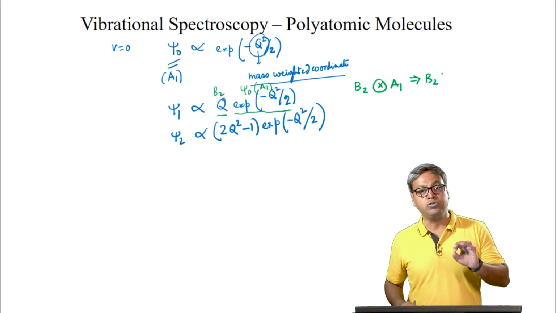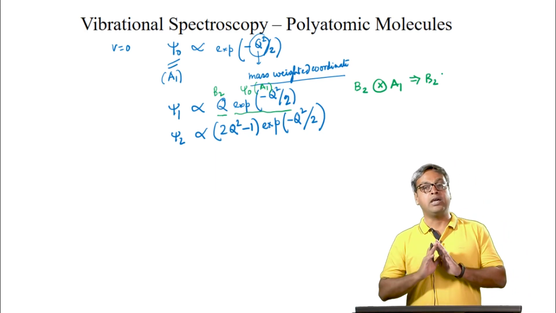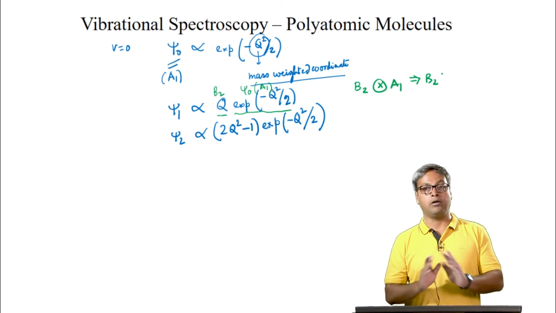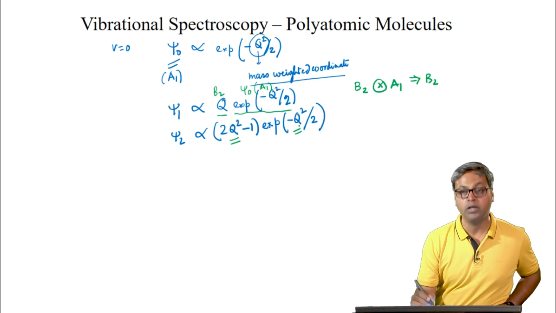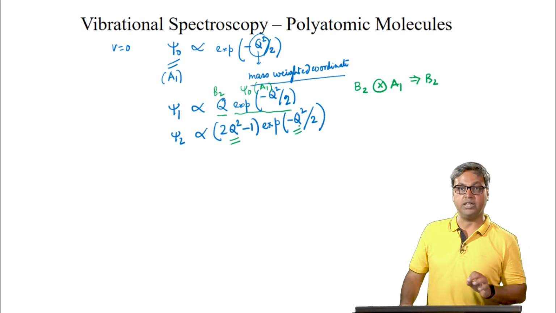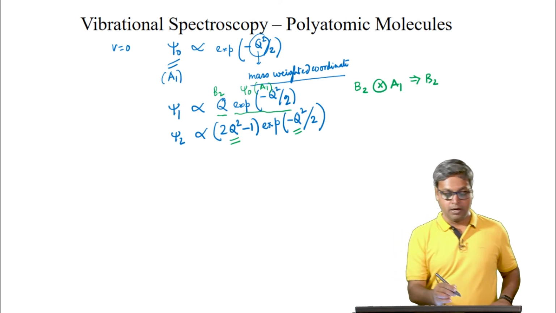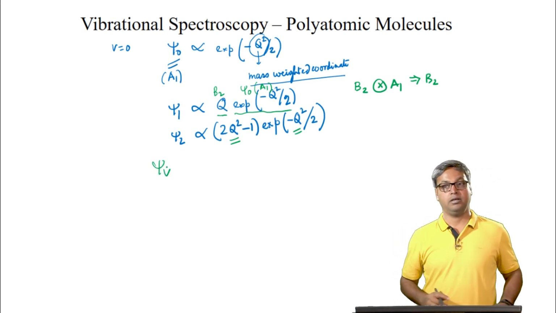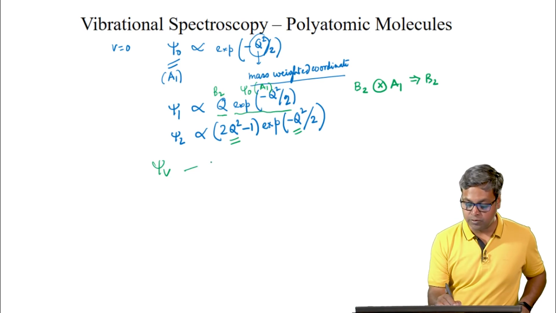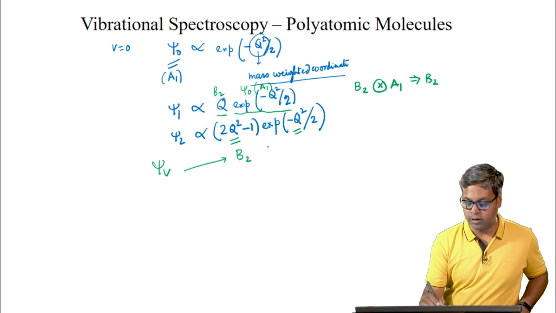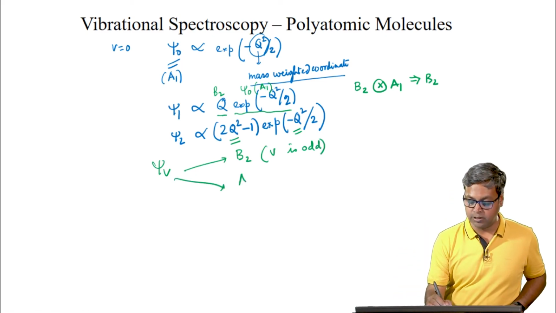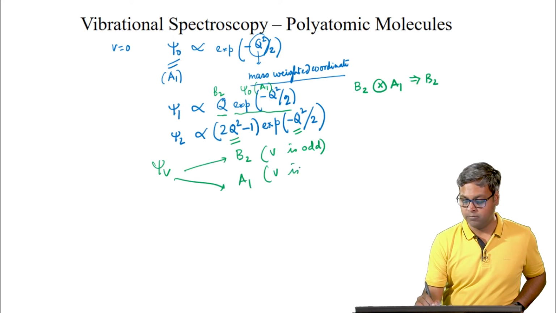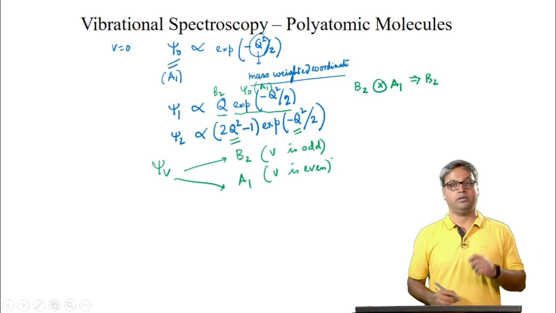The v equals 2 state has the A1 symmetry like the ground state, because here we are dealing with only q squared. So, it can be seen that in fact, psi v has B2 symmetry when v is odd and A1 symmetry when v is even.